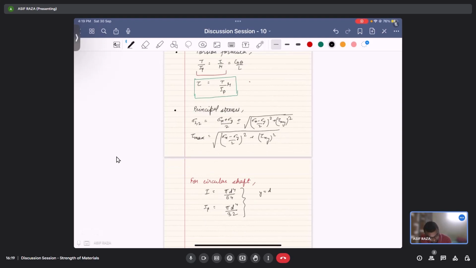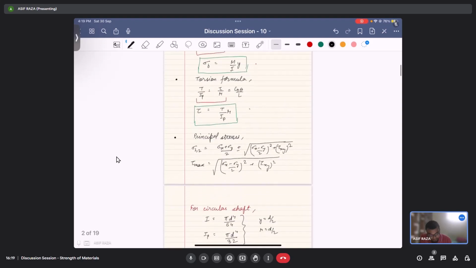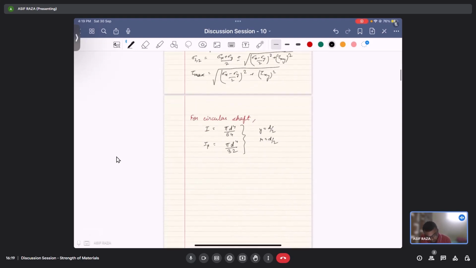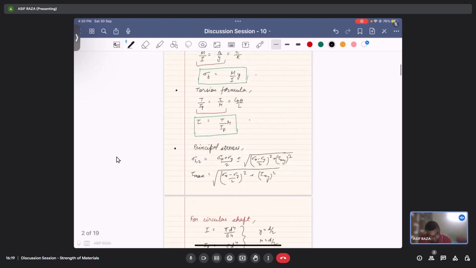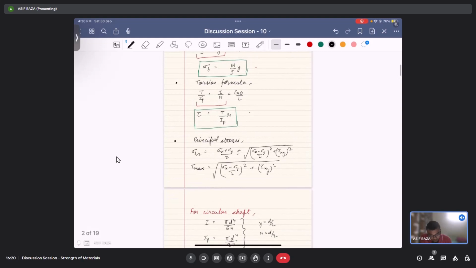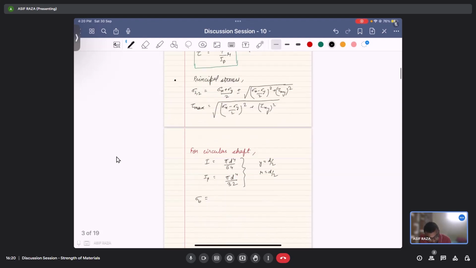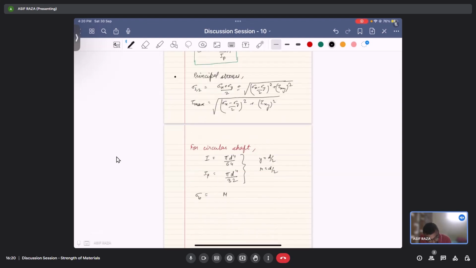Y would be d by 2 and R also d by 2. Substituting it, first I'll write sigma b, which comes out to be M by pi d to the fourth by 64 times d by 2.